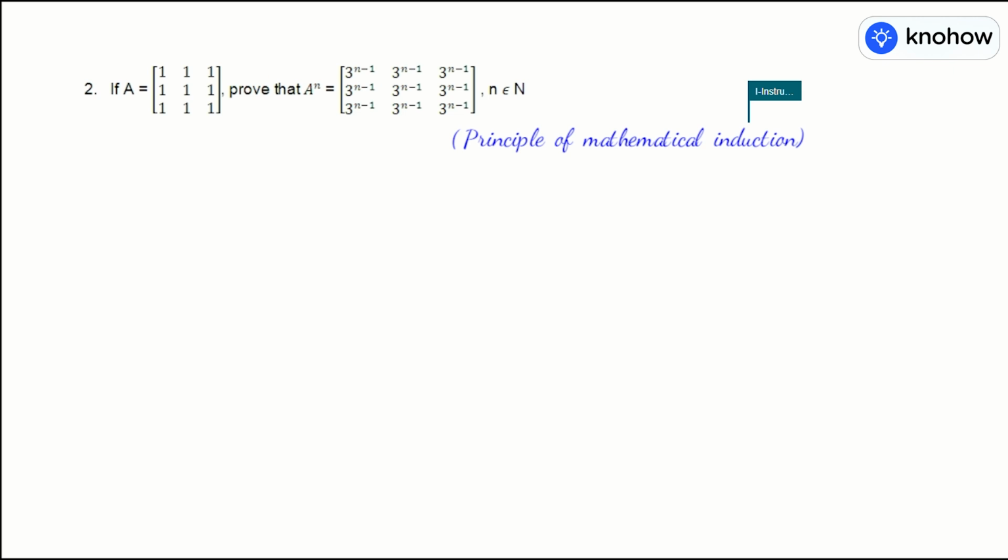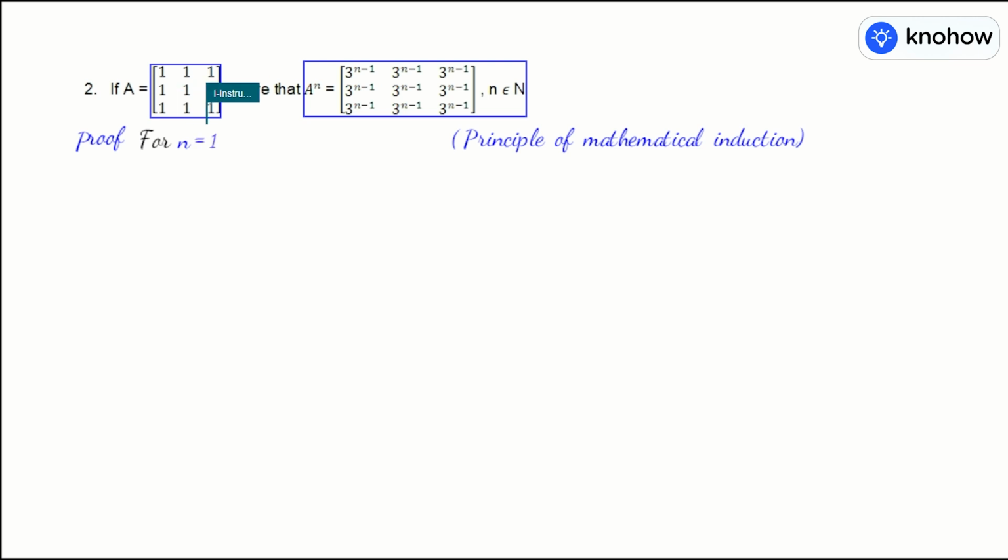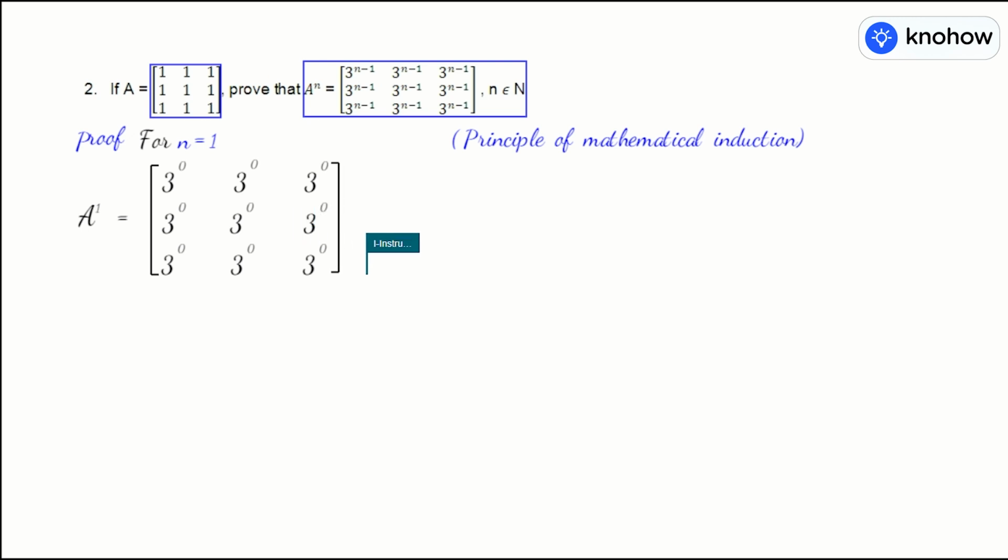So I start with the basic step: let us verify that the given statement is true for n equal to 1. The matrix A is already given. For n equal to 1, substitute in A to the power n: A to the power 1 equals 3 to the power 1 minus 1, which is 3 to the power 0, so all the elements will become 3 to the power 0.